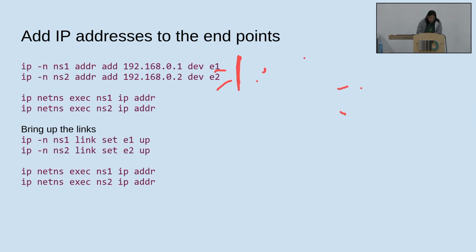You can confirm the IP address using these commands. Then you have to bring these interfaces up using these commands and then exec into these network namespaces. Just do this here and then let's see.